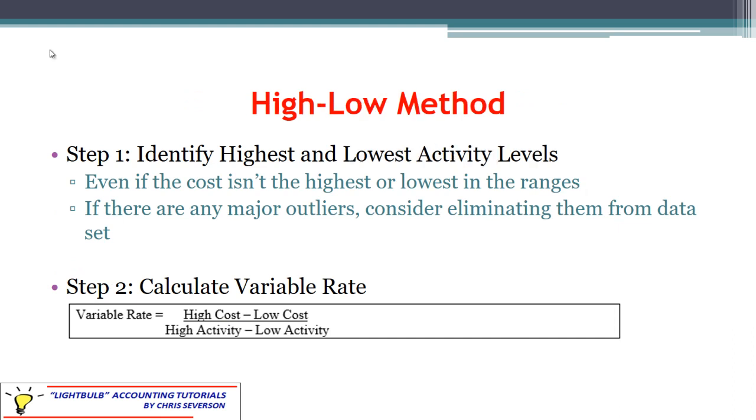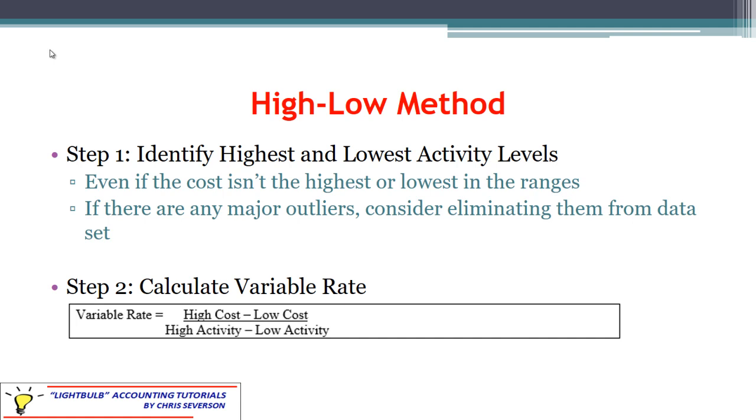So for this method, as the name implies, step 1 is that we have to identify the highest and lowest activity levels. So what we're going to be given is a range of data, maybe 10 or 12 or more instances of a particular activity level and its corresponding cost at that level.